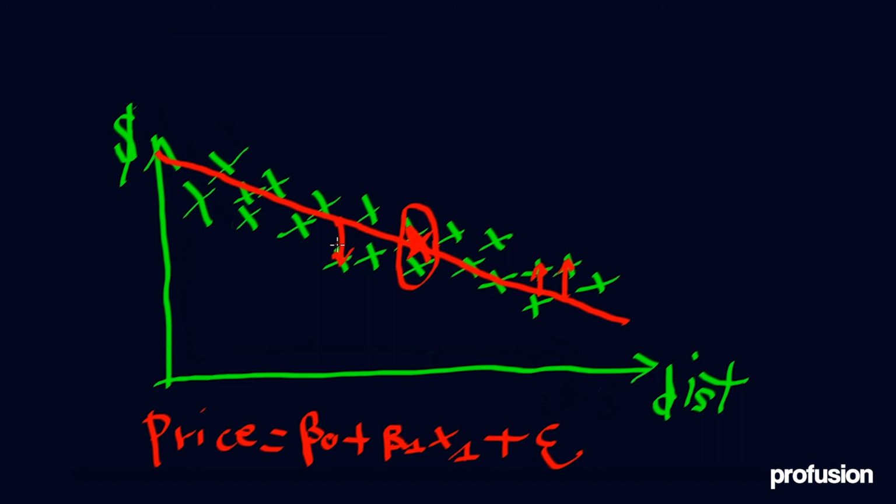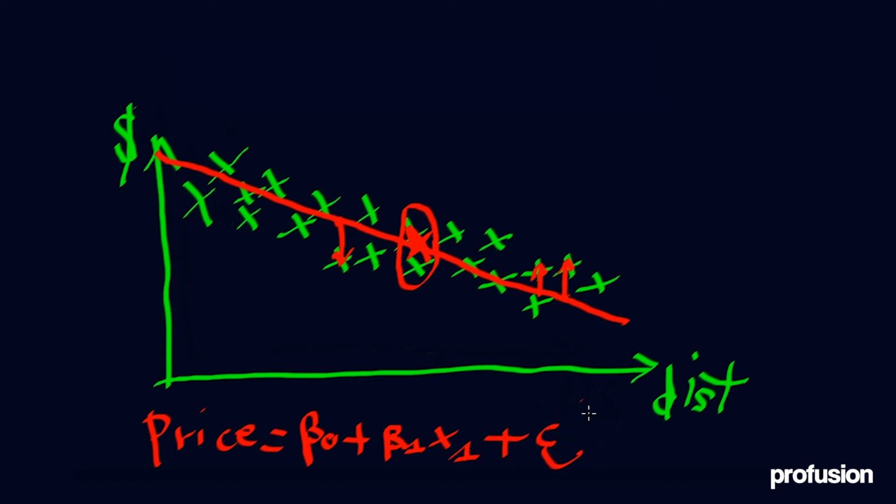So in our example here, instead of just using house distance to the beach, we could say, okay, we want distance to the beach and number of bedrooms, or distance to the beach, bedrooms and bathrooms. And the more variables you add, the more likely you are to get accurate predictions, which means that your random error term will become smaller.